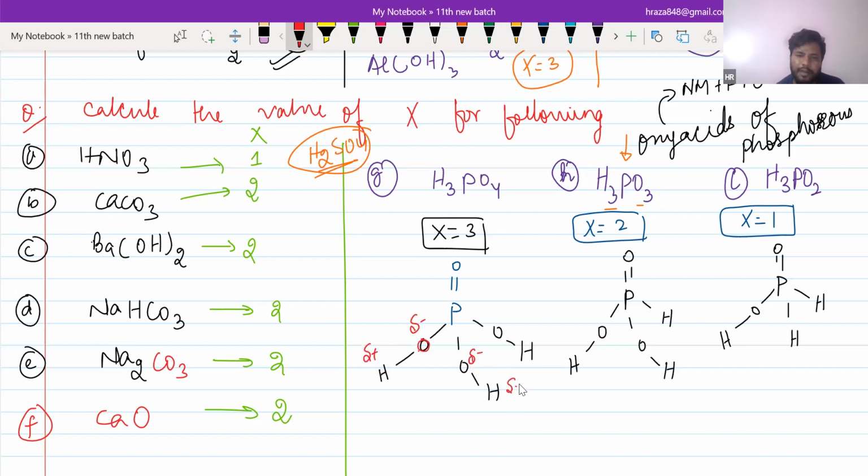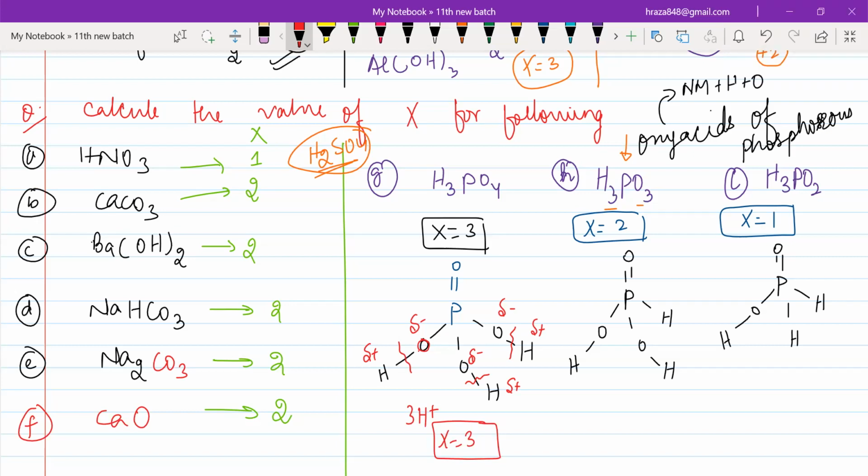Whenever you see delta negative, delta positive, that means the bond is polar, and if you dip this in water, it will be easily breakable. That means it will give 3H plus. That's why X is equal to 3. Are you getting my point?